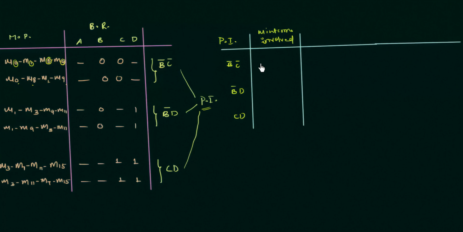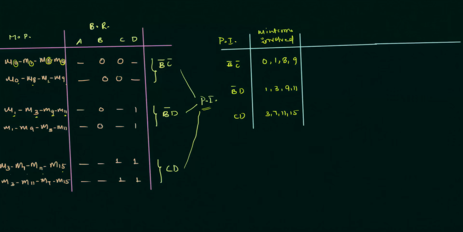So we are going to write it down 0, 1, 8 and 9. In the same way for B complement D, we have 1, 3, 9, 11. For CD we have 3, 7, 11, 15. And also we have to write down the given min terms.